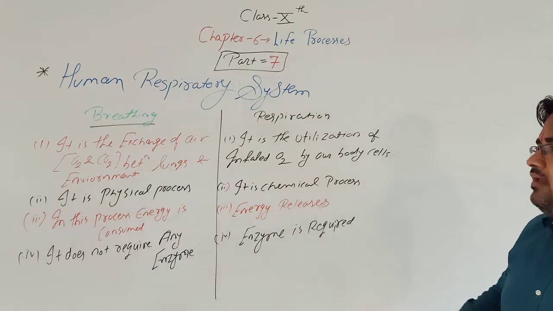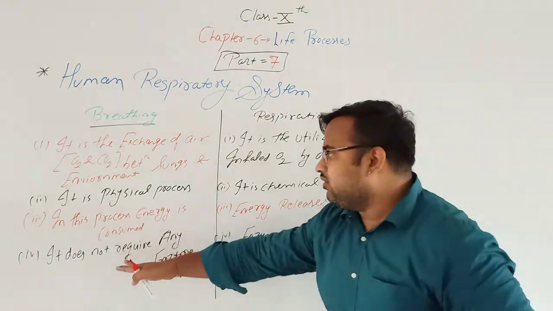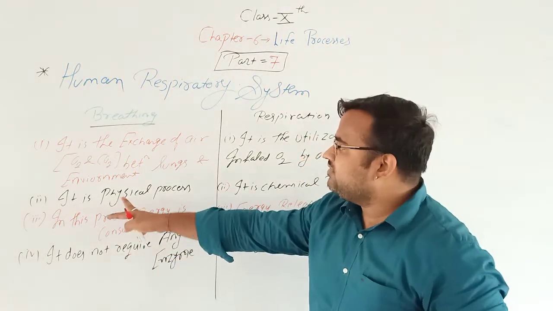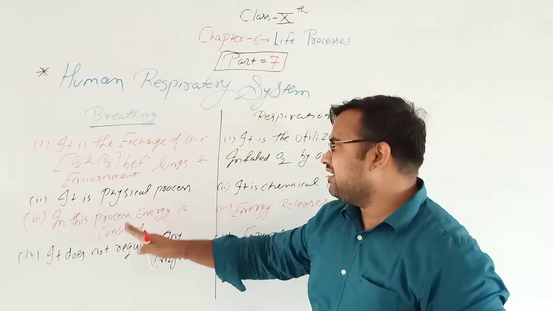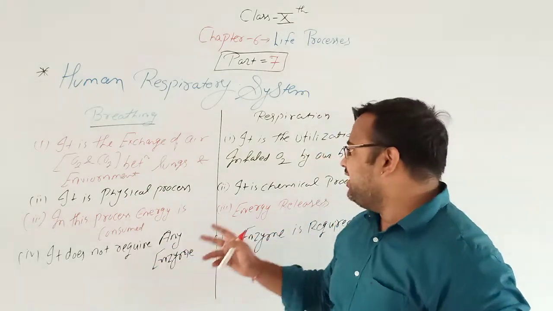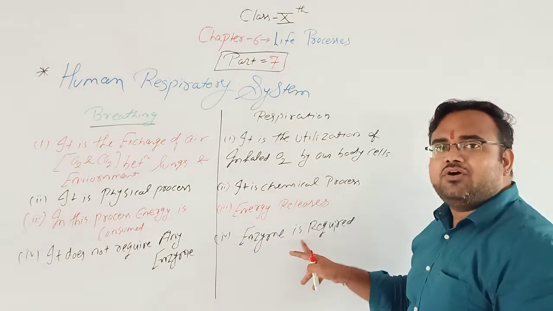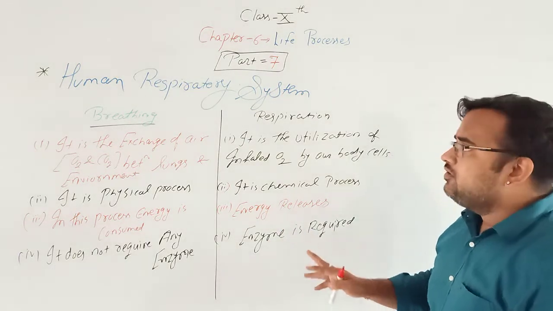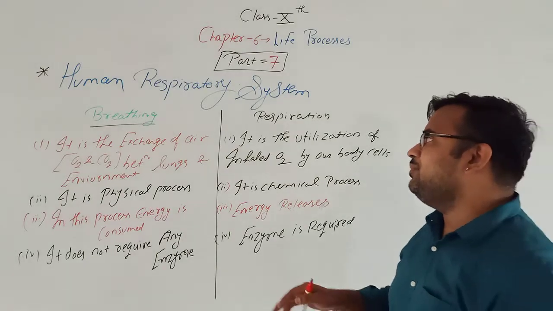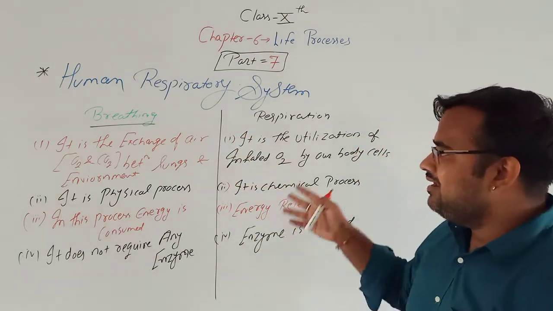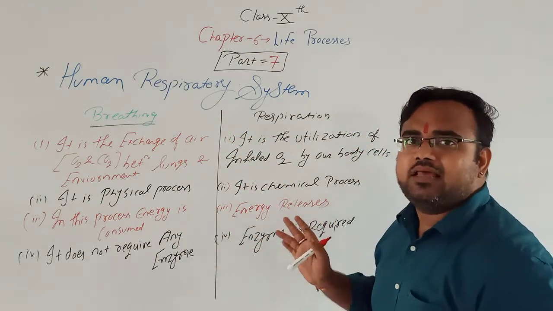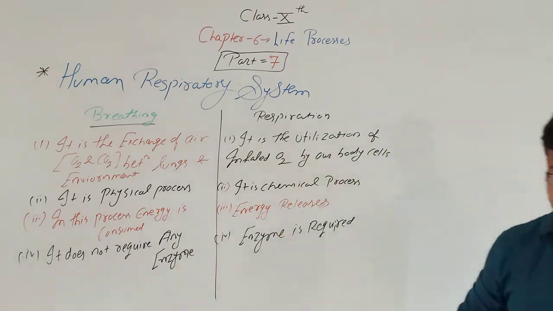Why is no enzyme required in breathing? Because it is a physical process, and in a physical process there is no need of any enzymes. But since respiration is a chemical process, there is a requirement of enzymes. Clear? So this is the basic difference between breathing and respiration. You can write these points or you can take a snapshot.